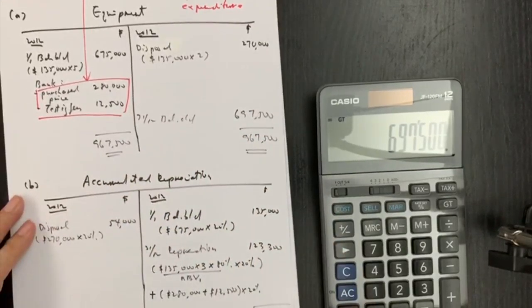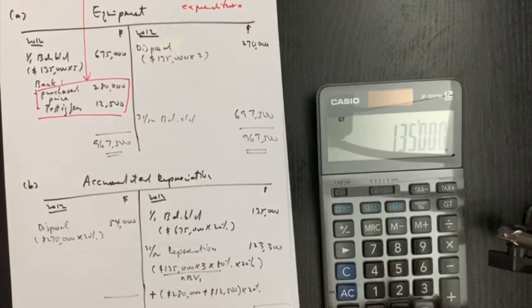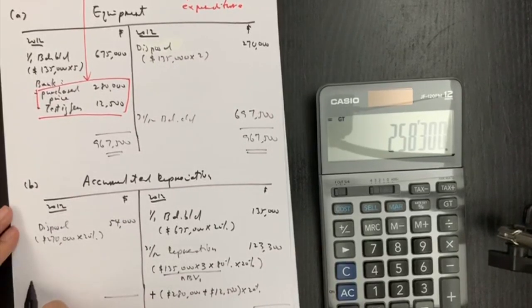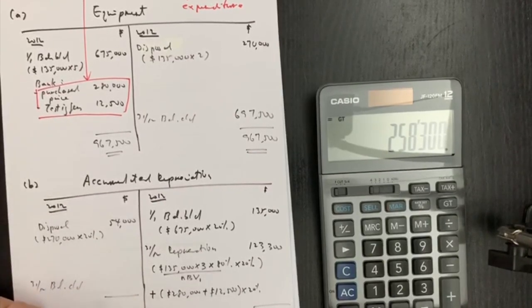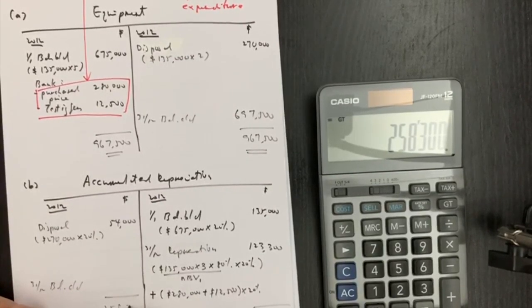Okay, and then you do the same thing to close accumulated depreciation accounts. Total. Okay, so the date, the last date, and balance carry down, and then minus 54,000.